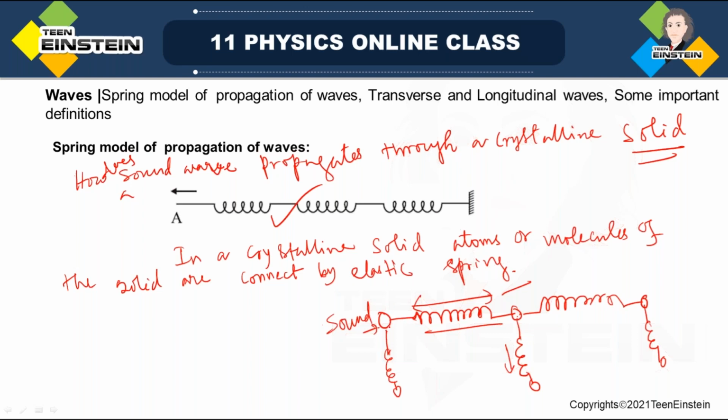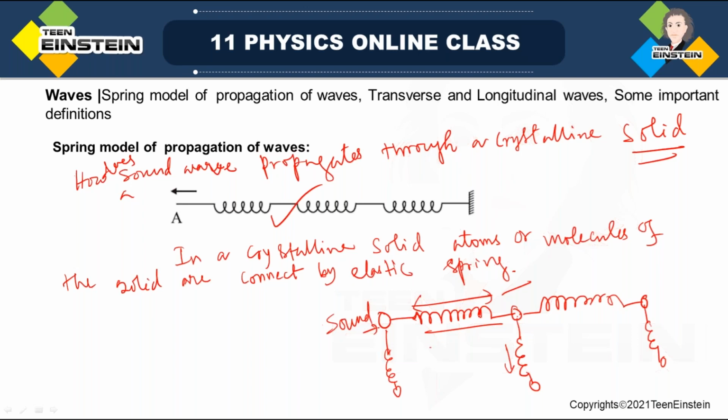So we have assumed that the bonds between two atoms are elastic, just like springs. When you give some disturbance like a sound wave or any acoustic wave, the springs get disturbed, and hence their length will be changed. Because of that, there will be oscillations.